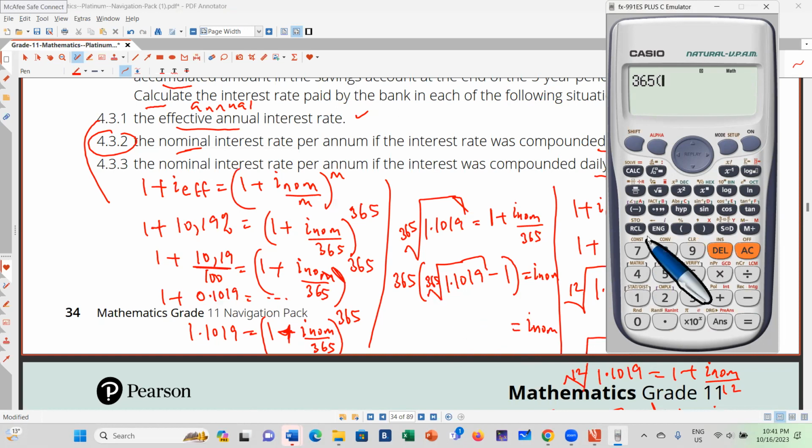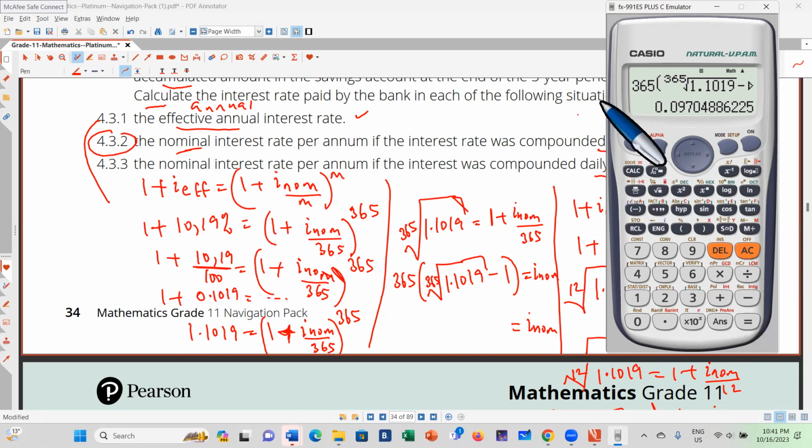I want to do the 365th root, so I'm gonna choose the correct radical formula with shift, and put 365 here, then at the bottom you put 1.1019, then minus 1, and then you close, and then equals.